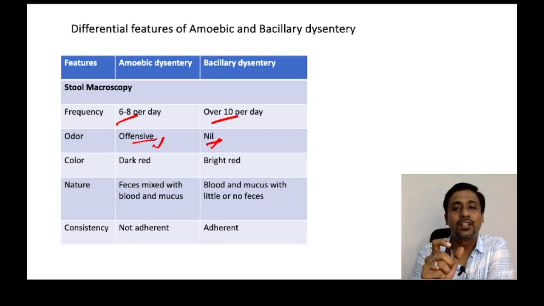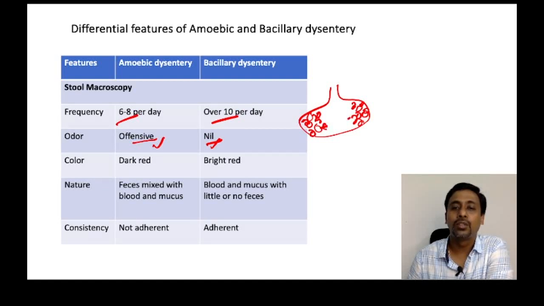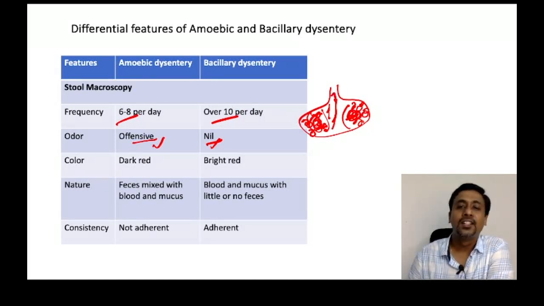If you remember the flask shape ulcer, the trophozoite will feed into the submucosal layer and lead to necrosis of the tissue. But this tissue will not be released very frequently because of the narrow neck. So it will release slowly and then it will become necrosed. So because of this necrotic material present in the ulcer, the stool is offensive in odor.